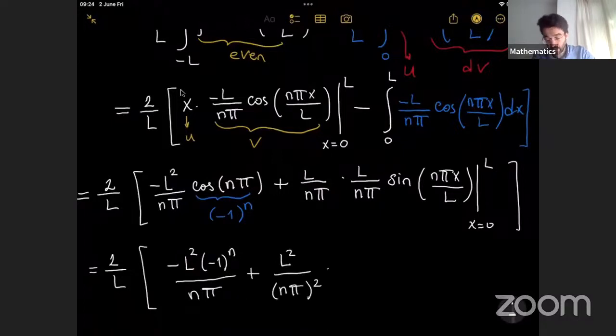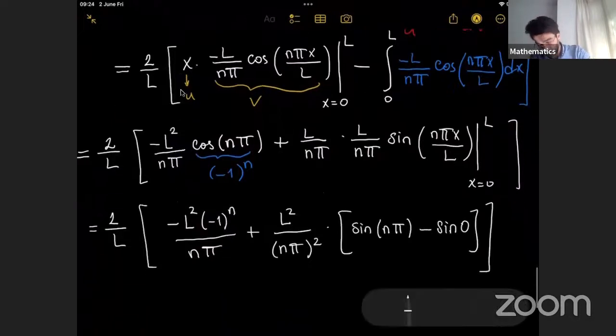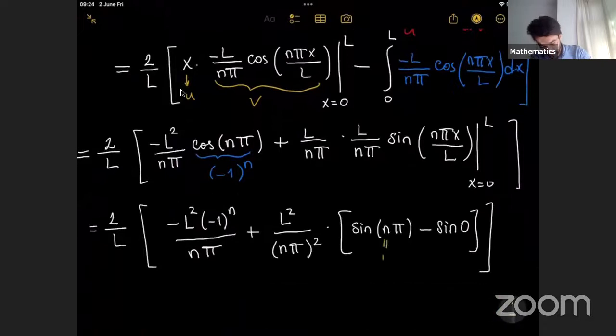Well, when you plug x equal to L, you will get sine n pi minus 0 sine 0. Oh, nice, because sine n pi is always 0, right? So this is always 0. So you will get 0 for this part. The whole thing will cancel out.